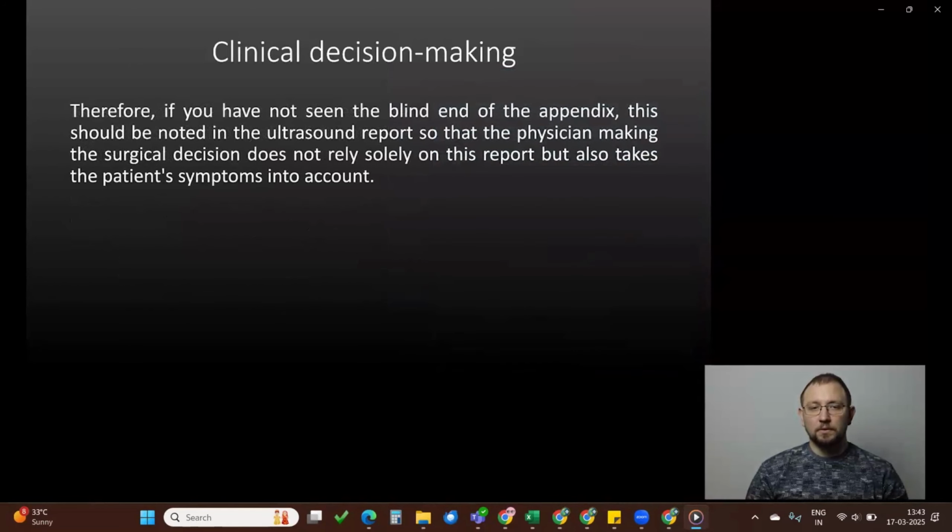Therefore, if you have not seen the blind end of the appendix, this should be noted in the ultrasound report, so the physician making the surgical decision does not rely solely on this report, but also takes the patient's symptoms into account.